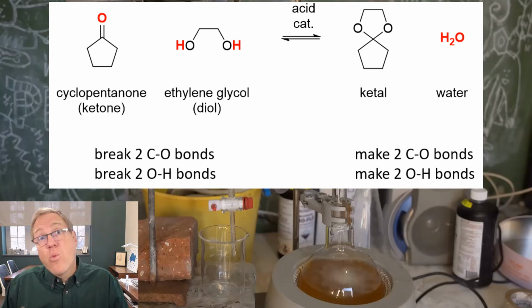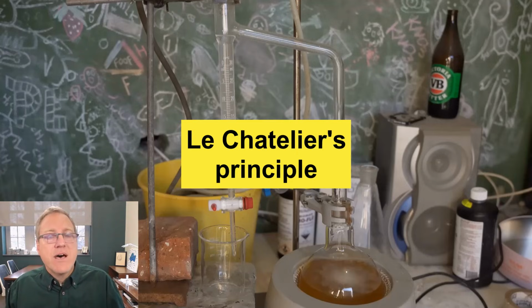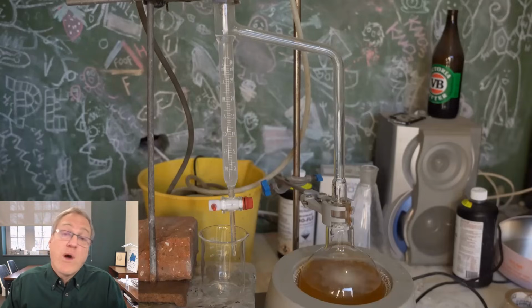And as we form more water, we will remove it and the reaction will continue to be driven to the right through its equilibrium. This is an idea called Le Chatelier's principle. We are perturbing the equilibrium to drive the reaction one direction or another. In this case, we're driving it to the right, towards the products.